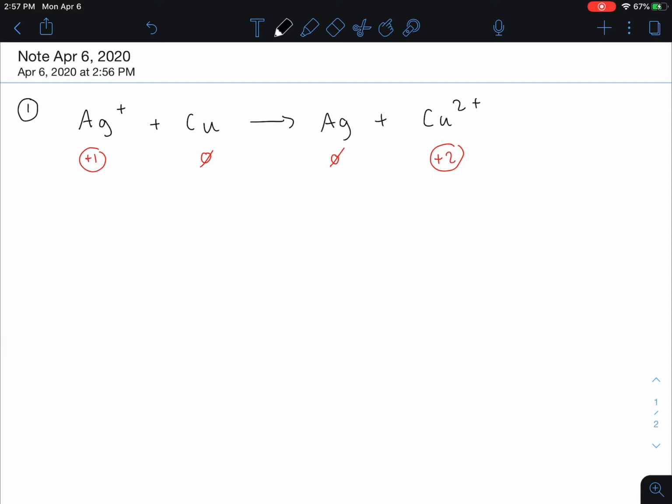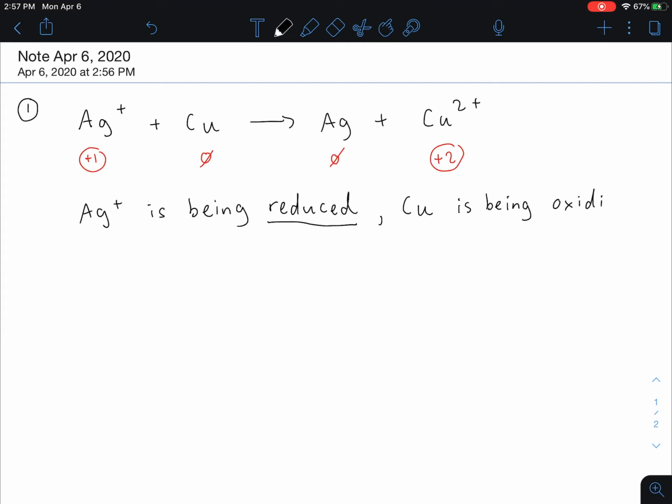So if we look at what's happening, now we can say silver ion is being reduced and copper is being oxidized.